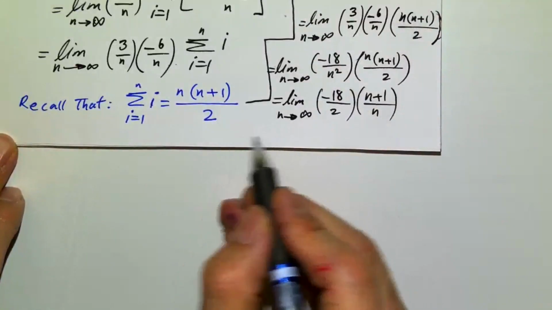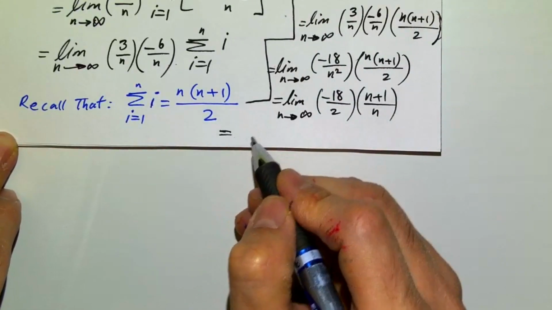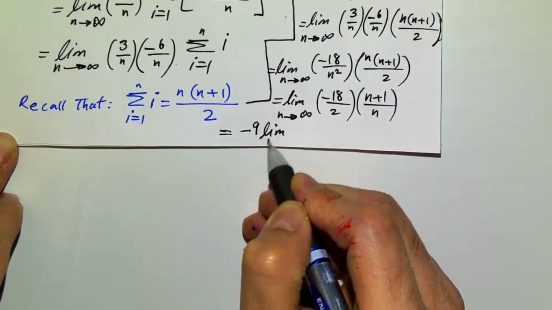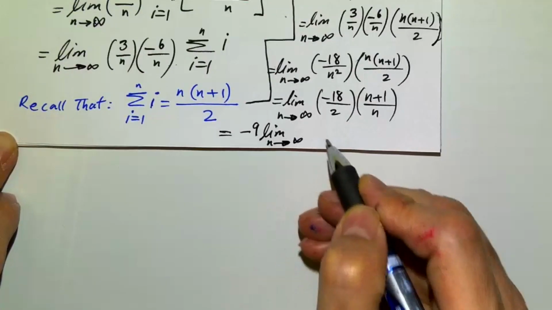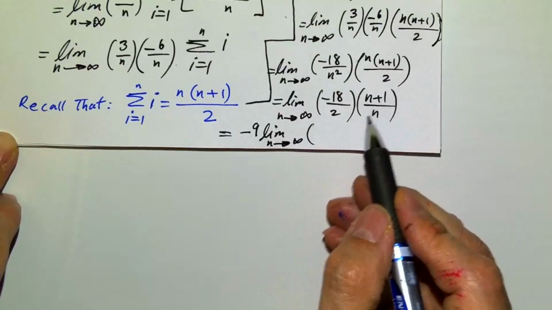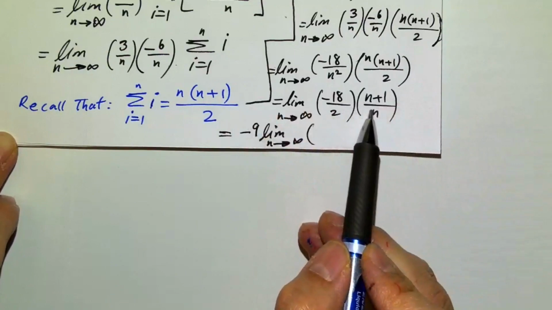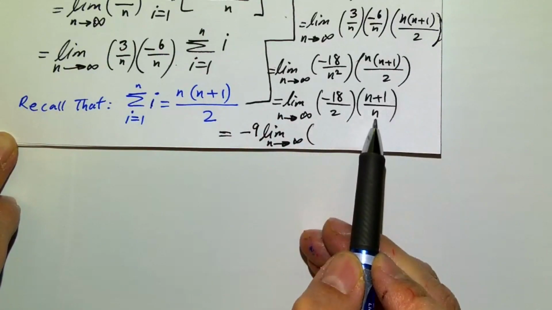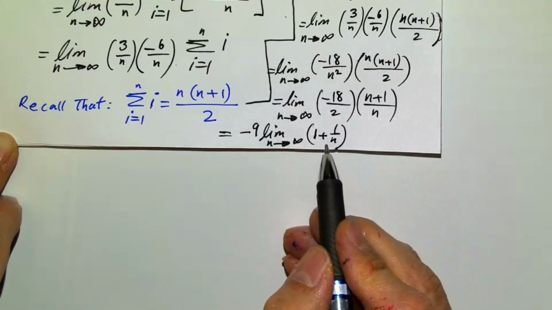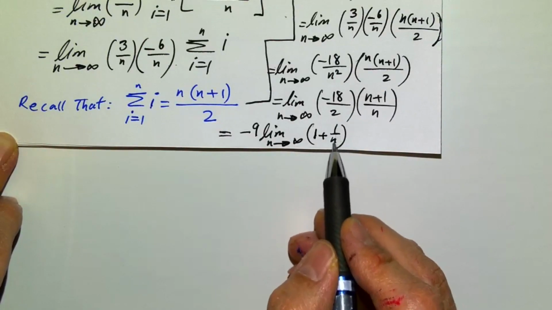And then let me start from here. Then we have minus 9 times the limit as n goes to infinity of, if we simplify that, what do we get? Separate that, you get n over n plus 1 over n, so you get 1 plus 1 over n. Now we apply the infinity, that piece becomes 0.